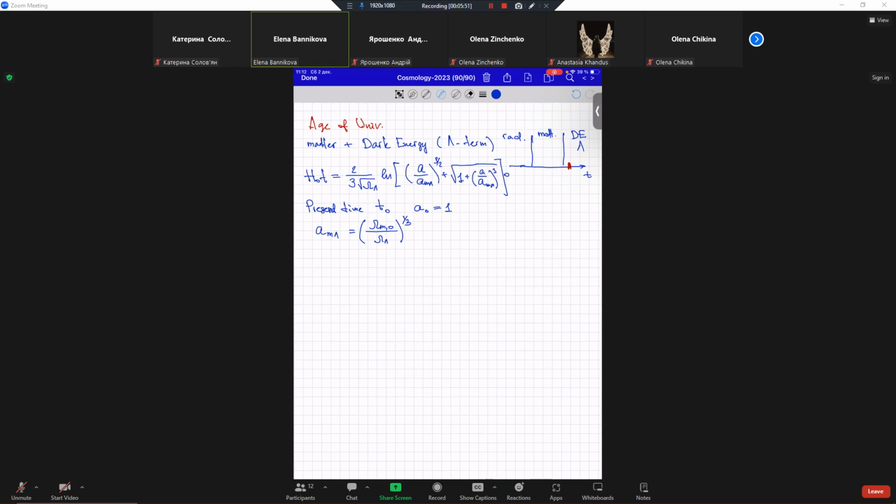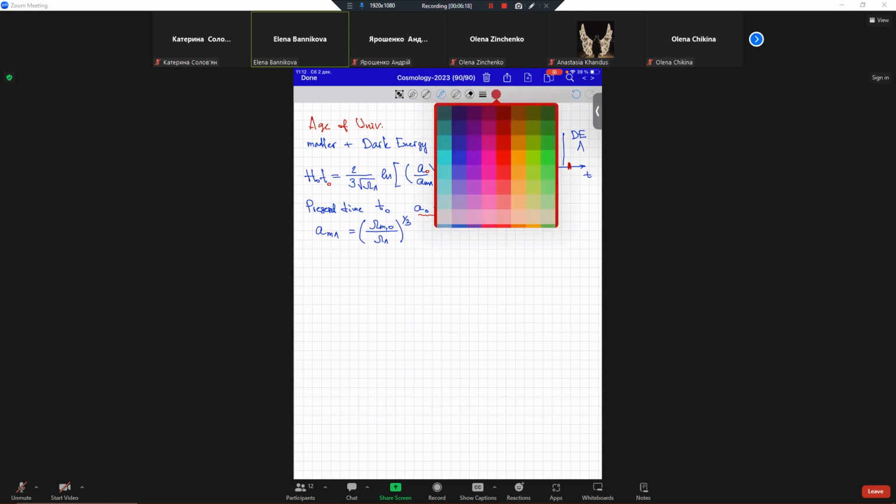If you want to find the age of the universe in the expression above, we need to put a equal to a0, which is 1, and put in the expression instead of a_m lambda, because we would like to find the expression through the parameters which we can observe.